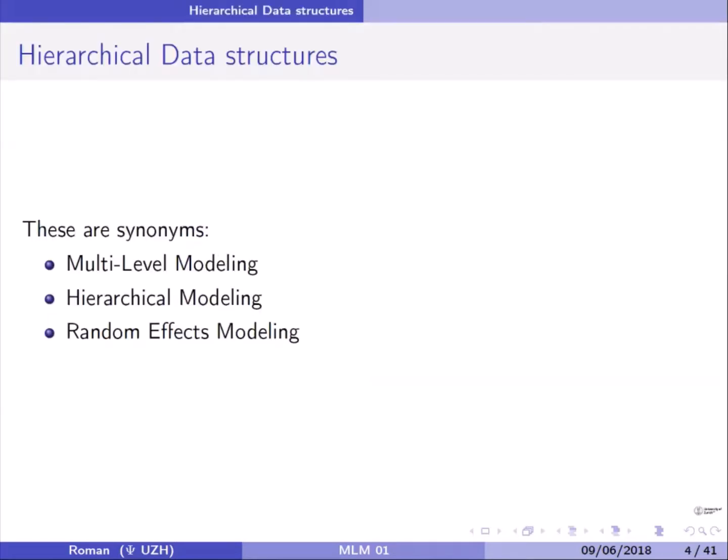So first, I just want to get this out of the way. I consult and talk with many academics and researchers who get these terms confused: multi-level modeling, hierarchical modeling or hierarchical linear modeling, and random effects modeling. For whatever reason, these are synonyms. So I will be using the term multi-level modeling because that's how I learned it, but any of these terms all mean the same thing.